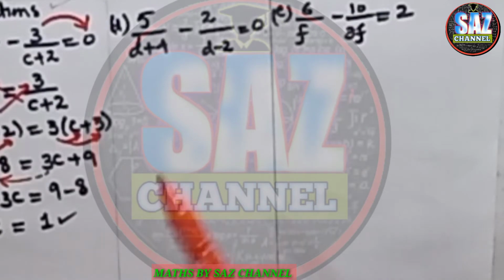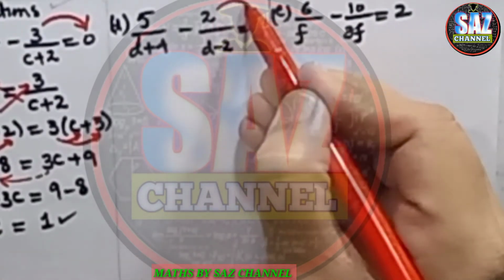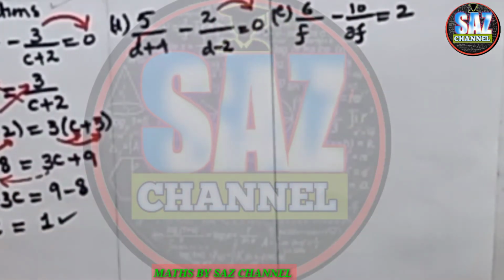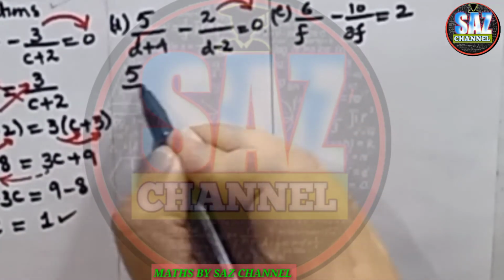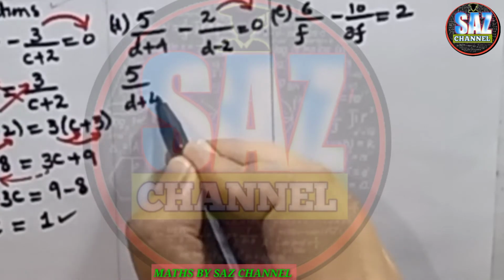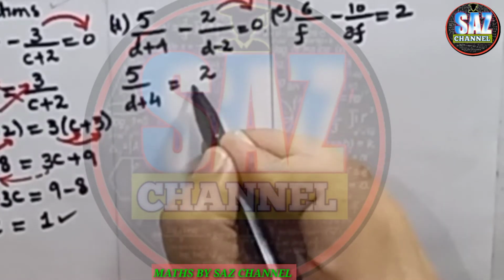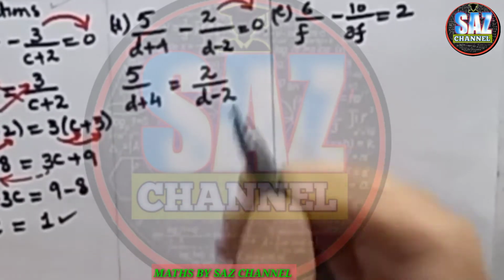Again, shift this fraction to the right hand side of the equation by changing the sign, and the equation will take the form 5 upon d plus 4 equal to 2 upon d minus 2.